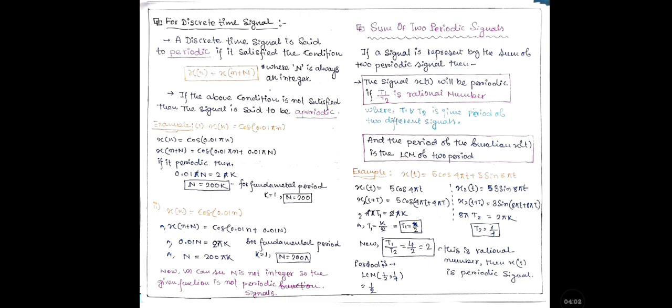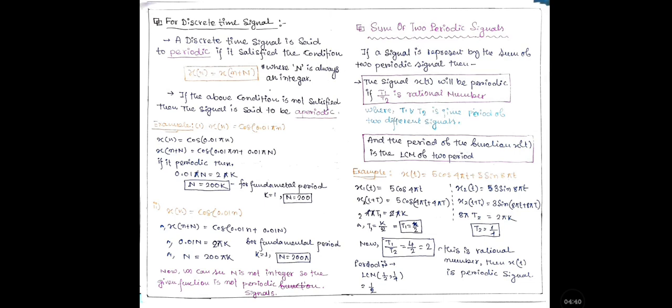For discrete time signals, the condition is x[n] = x[n + N], where N is an integer. For continuous time signals, we see signals at any time, but for discrete type, n is an integer; we see the signals for integer values. We take two examples: x[n] = cos(0.01 pi n) and x[n] = cos(0.01 n).